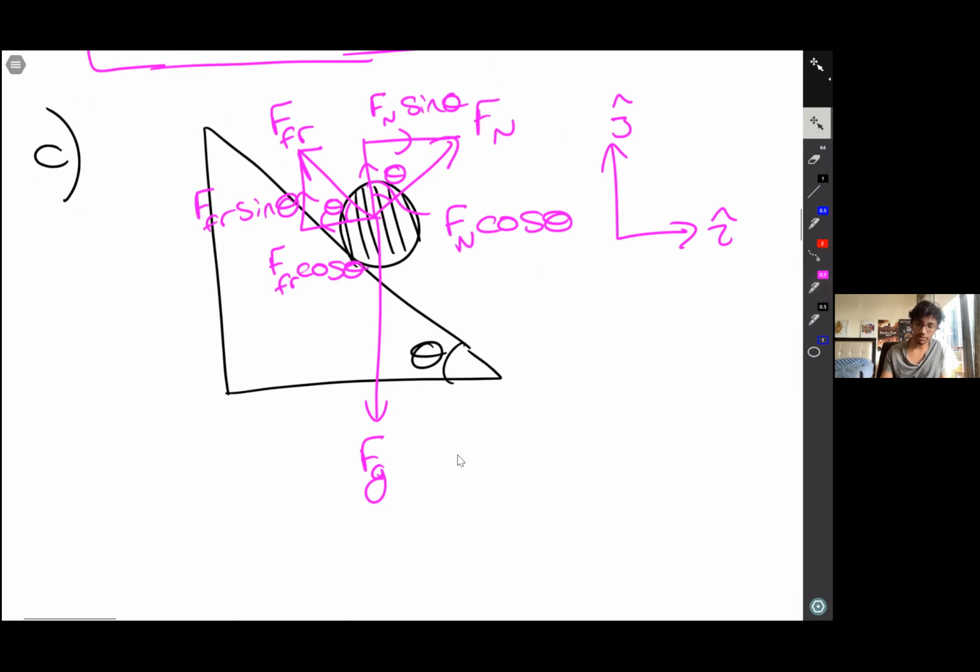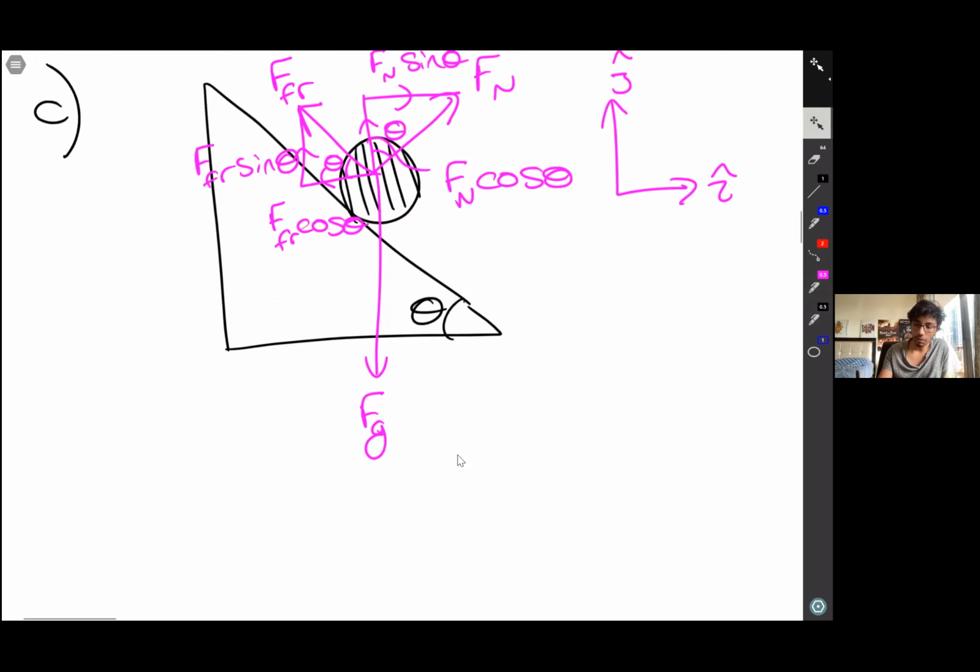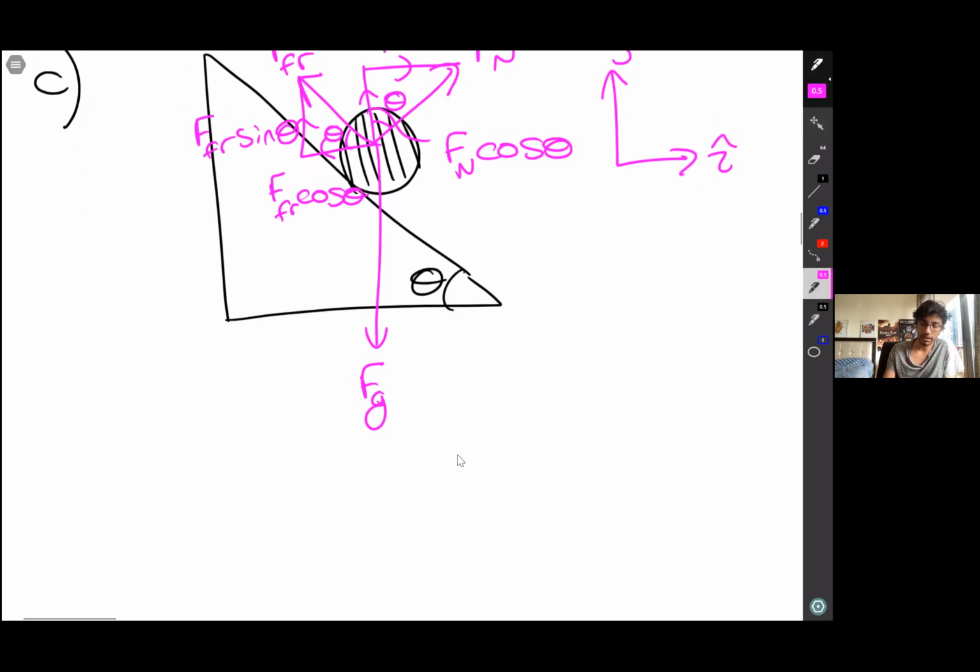The forces in the horizontal direction: we have Fn sine theta acting here, and backwards there's F frictional cos theta. So we have to say Fn sine theta minus F frictional cos theta is equal to mv squared over r.